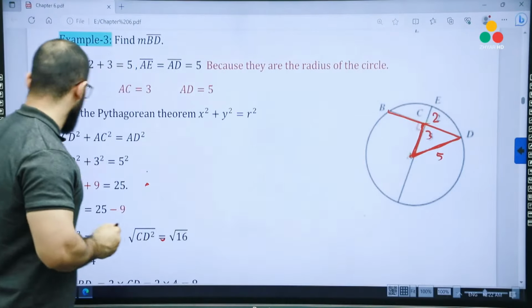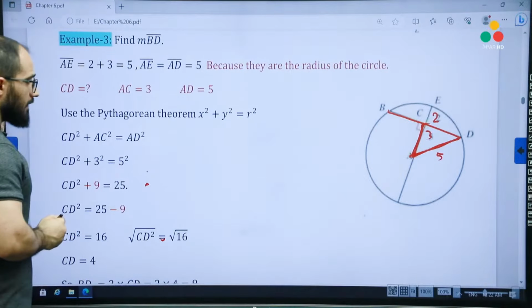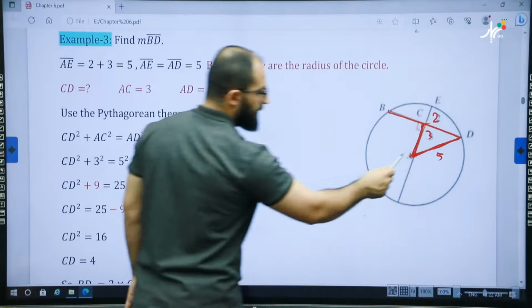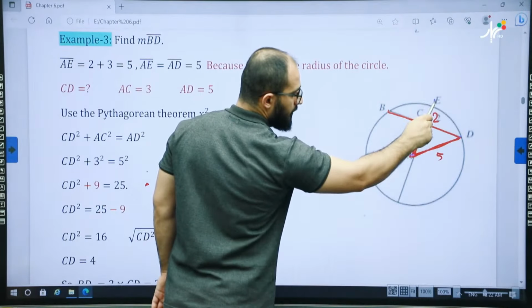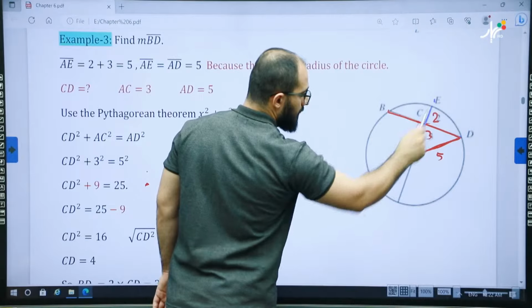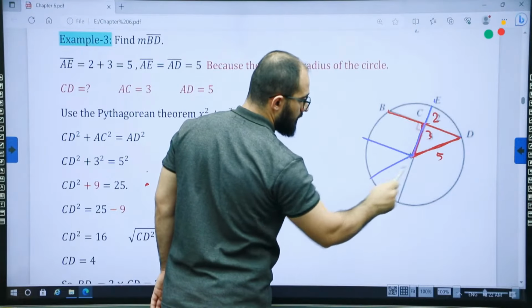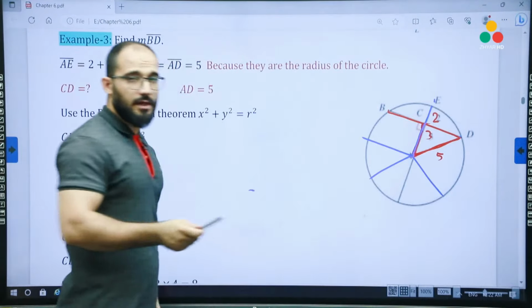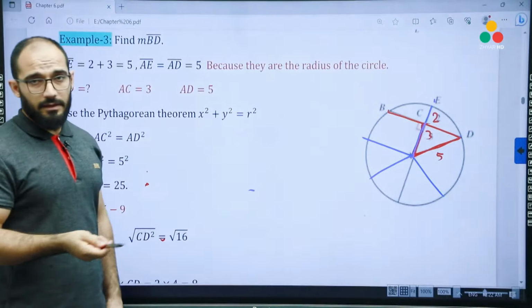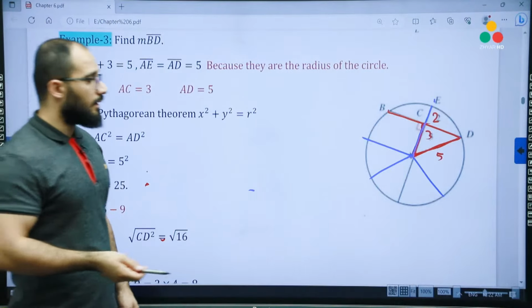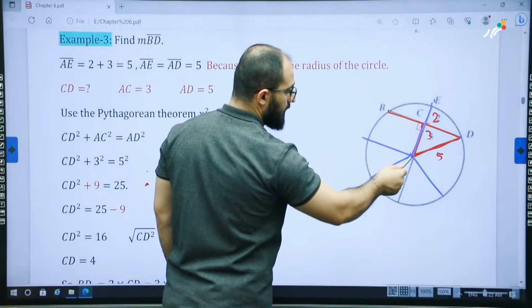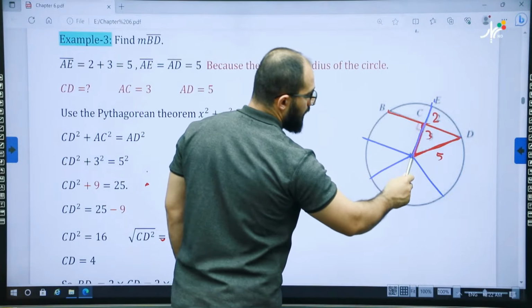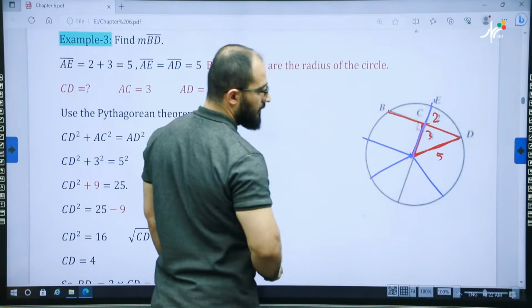How did we know that the length of AD is 5? Because AD is a radius, and also AC is a radius. All of these are radii, so we know that the radii of the circle are equal. That's why 3 plus 2 is equal to 5. The measure of that radius is 5, so AD is 5.